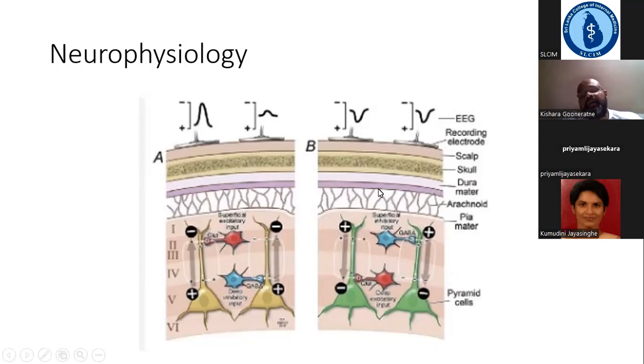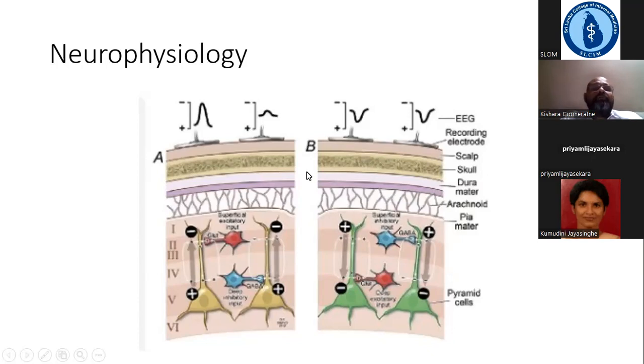Whereas on the right, there is a superficial inhibitory input, right? There we see the deflection as a downward deflection, which is called a positive deflection on the EEG, right?